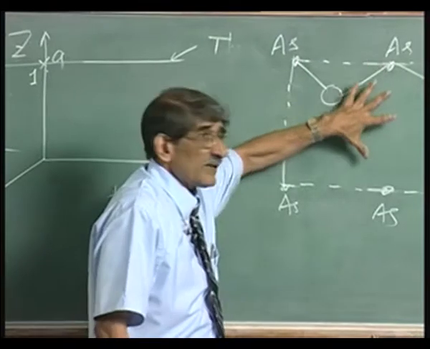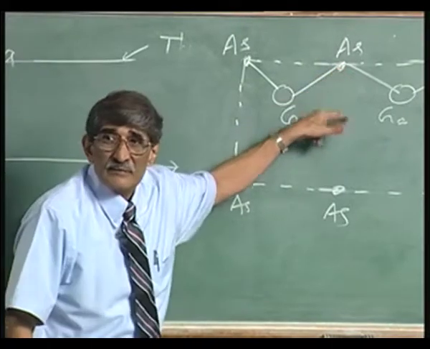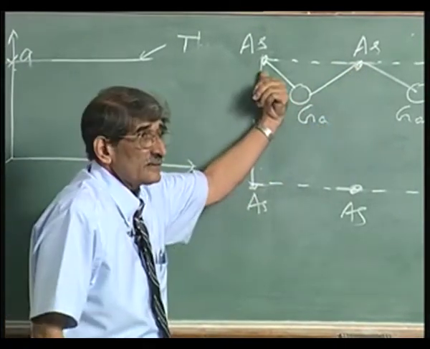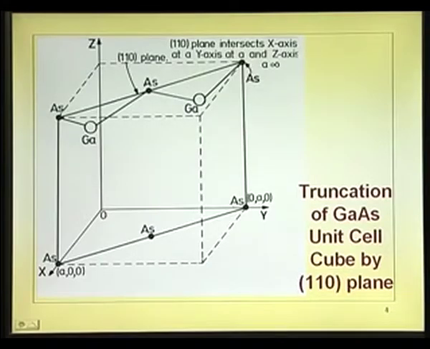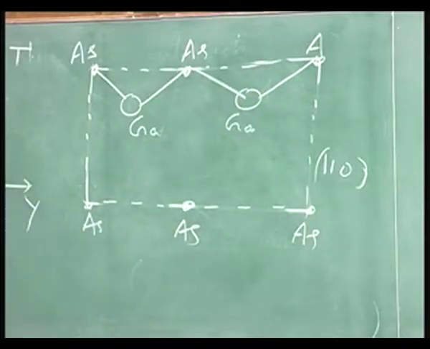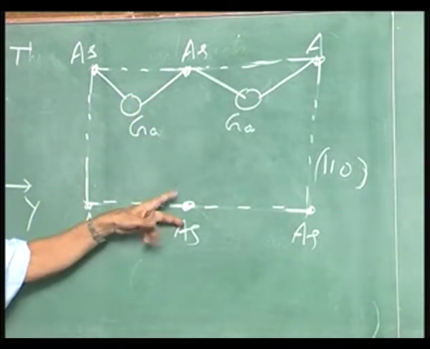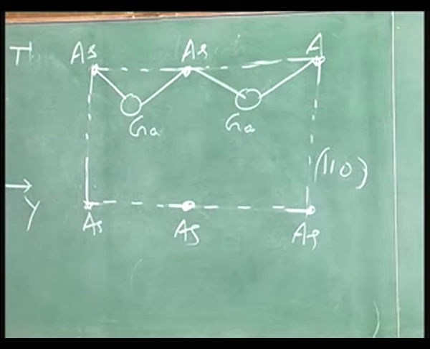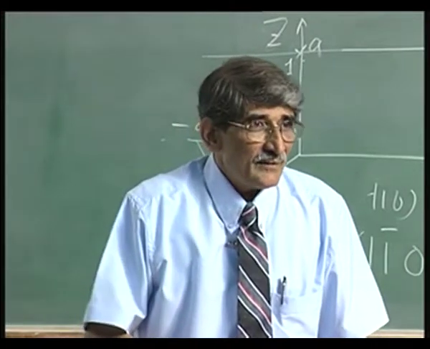So, if you take this area here, the contribution of this arsenic atom to this plane is half, and this one is 1/4. So, 1, 2, 3, 4, 4 together is 1 contribution. This is half, this together is 1. So, actually if you see this particular area, there are 2 gallium atoms, 2 arsenic atoms, neutral, there is no problem. That is what I want to point out here.